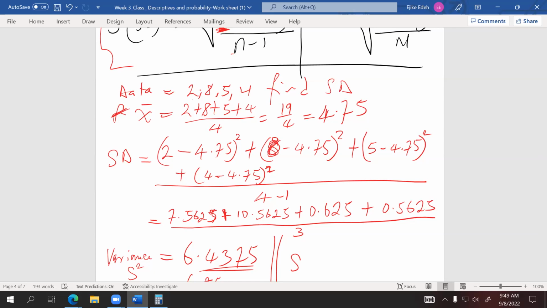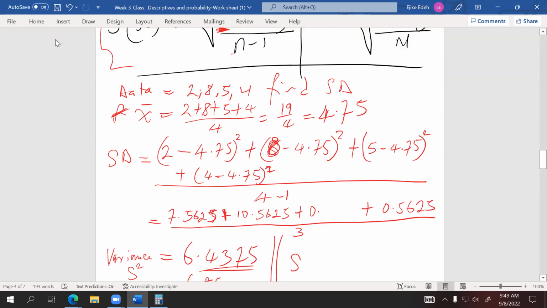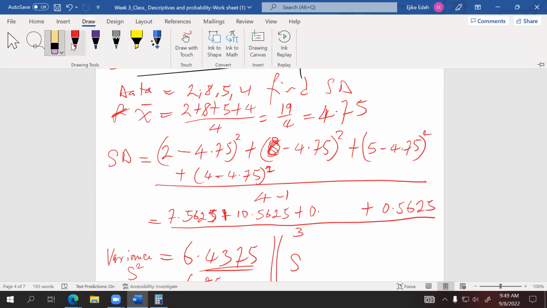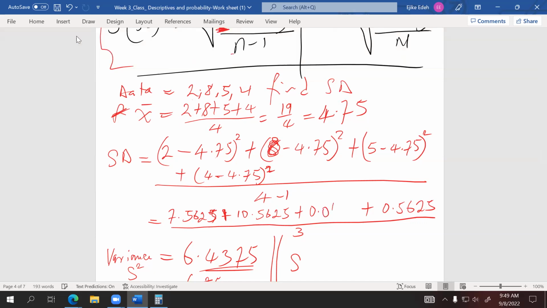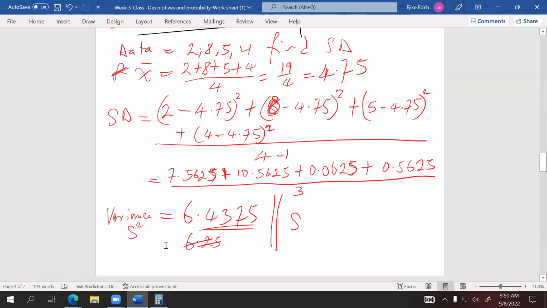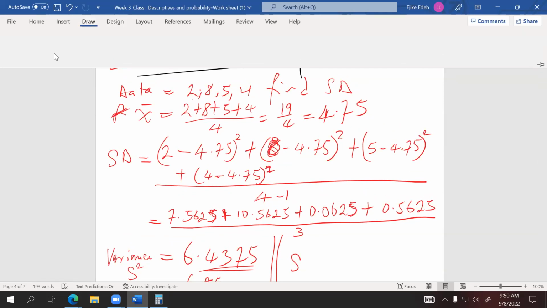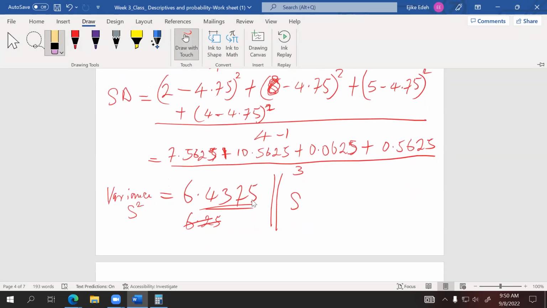Yeah, okay, so then it's 6.25. Next time we're going to pick data with a mean that is just a whole number so that we don't have all these decimals. Can anybody else confirm 6.25?